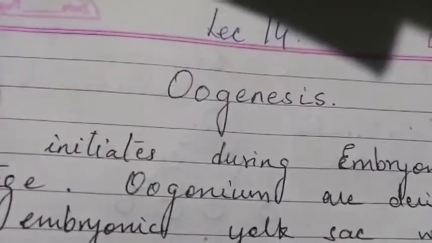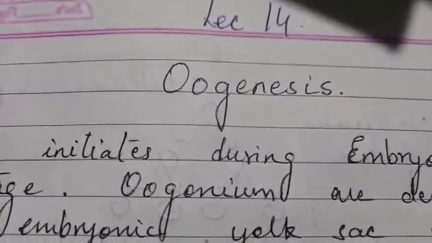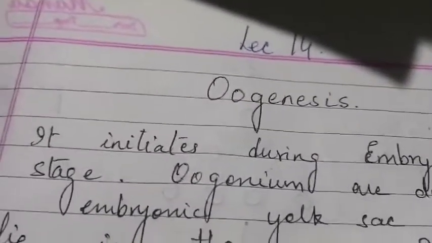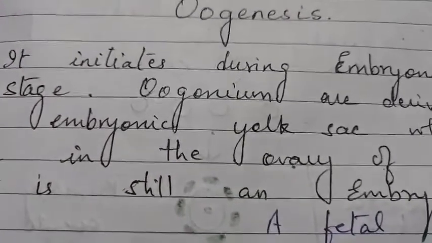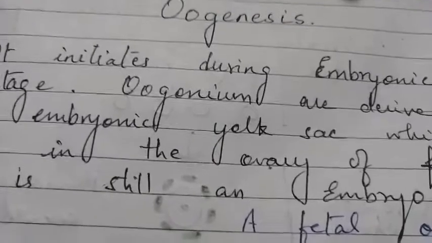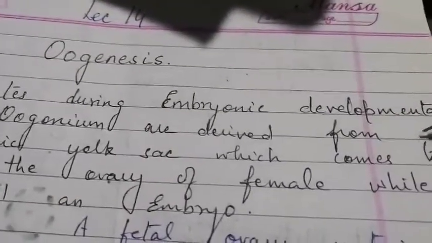Okay, so what do we find? That oogenesis, as the word itself tells you, is generation of oocytes, formation of oocytes. Now if you look at oogenesis, it starts in case of females during embryonic development only.